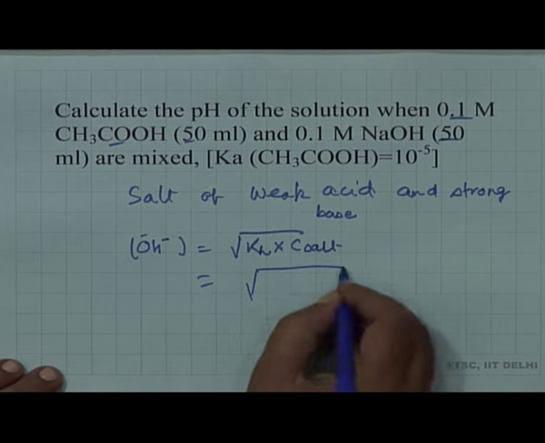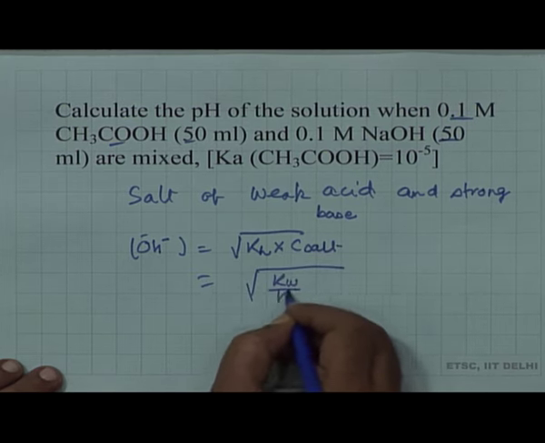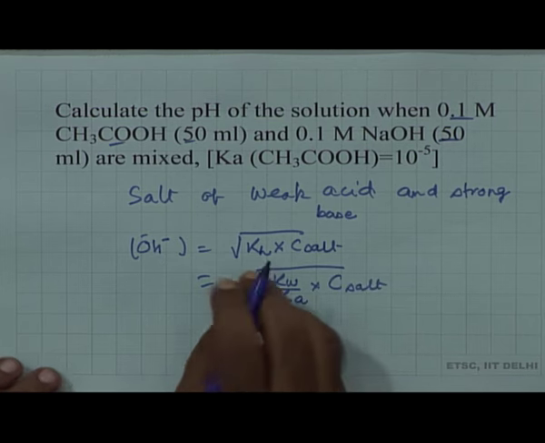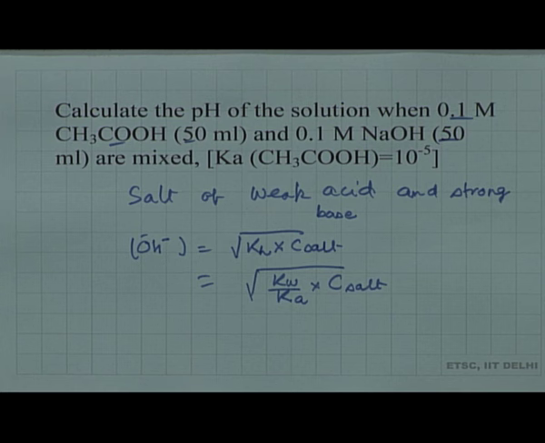We know that Kh is equal to Kw by Ka. So, once you calculate the OH minus ion concentration, you can calculate the H plus ion concentration, and then you can get the pH of the solution.